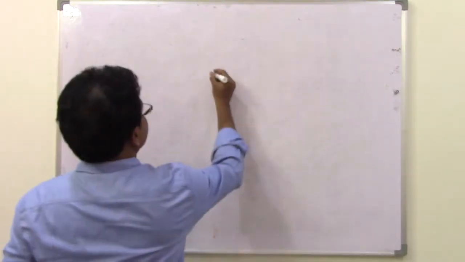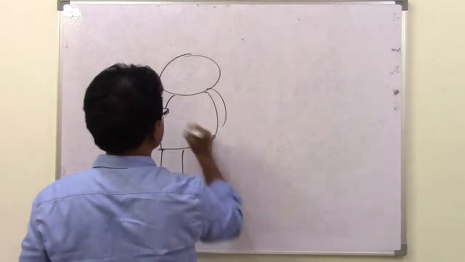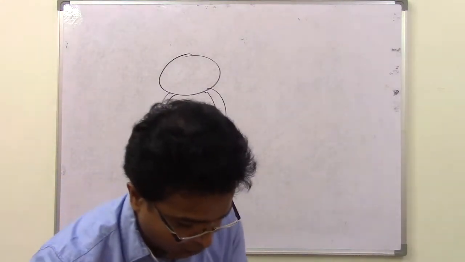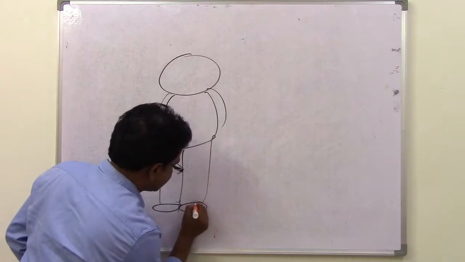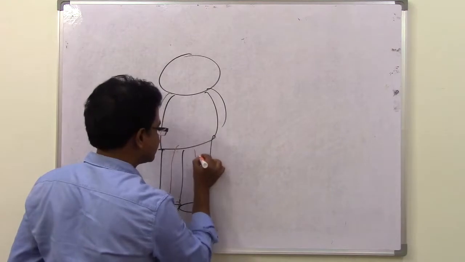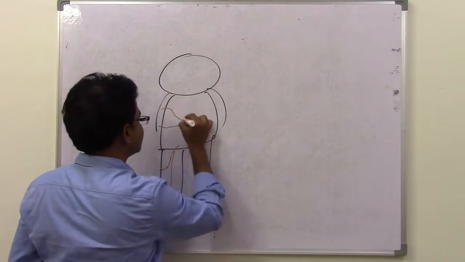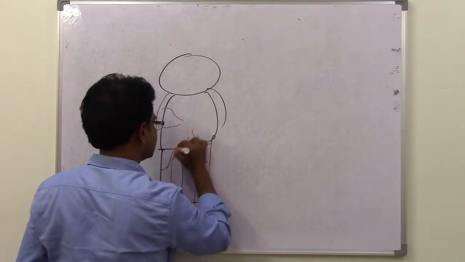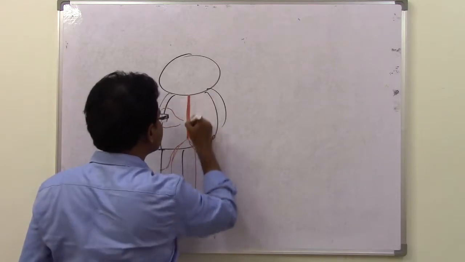Okay, let's say this is an individual, right? And different kinds of neurons are going from here. Different neurons from all parts of the body, all the receptors, are collecting from the hand, right? All of them are collecting and entering where? They are entering into the spinal cord.